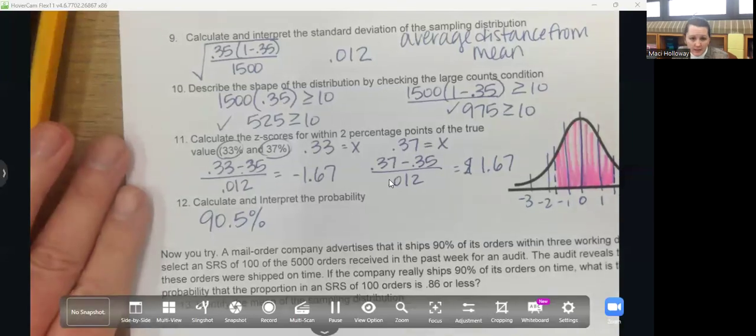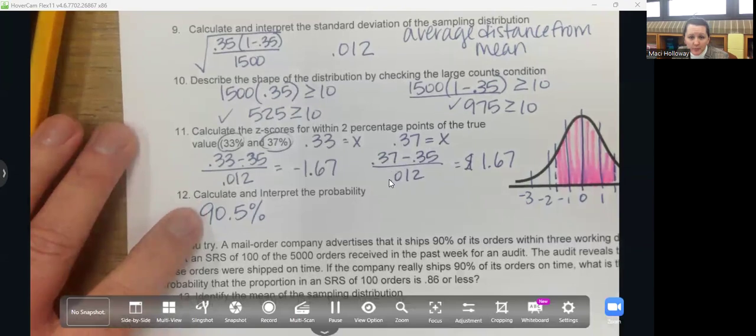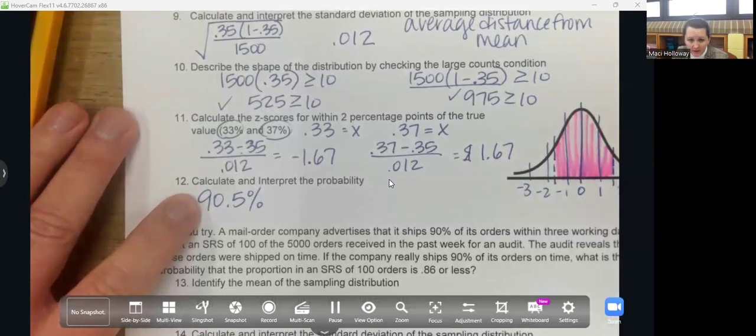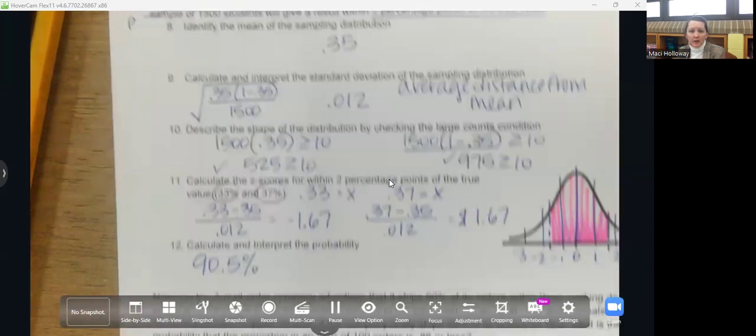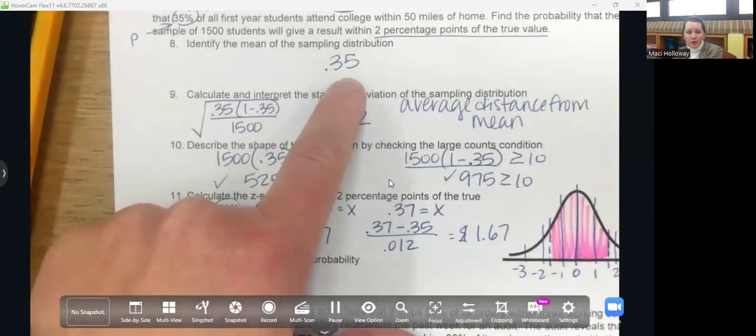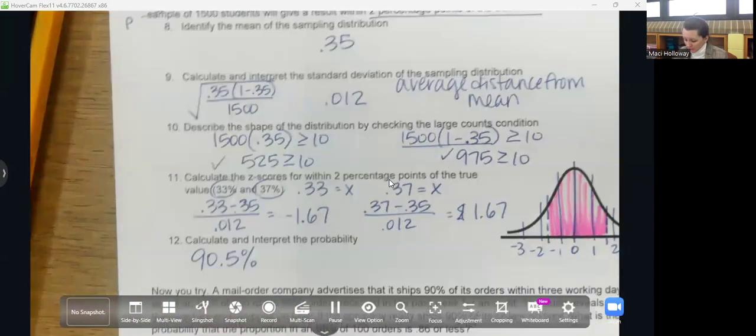Okay, so what is this telling us? What is this 90.5% telling us? It's telling us that if we continue to do samples of 1,500 students, then 90% of the time, their mean is going to be within 2 percentage points of 35%, right? Or of the 0.35.